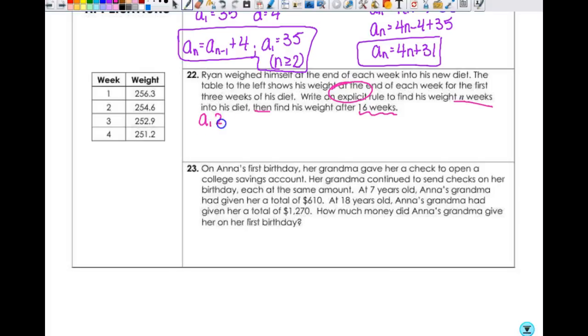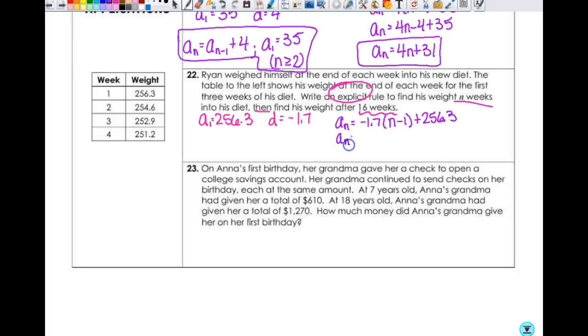So the first term is 256.3. I need D. So I can subtract 252 minus 254 with the decimals and all, and I will get D equals negative 1.7. So to write my formula, AN is equal to D, which is negative 1.7, times N minus 1 plus 256.3.